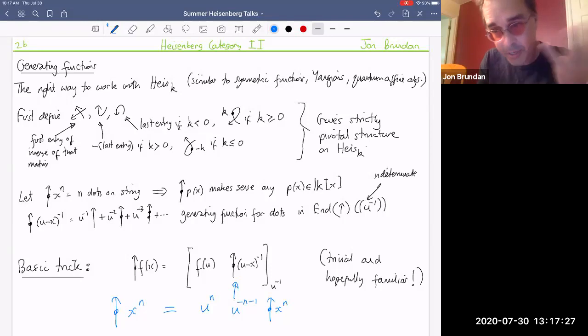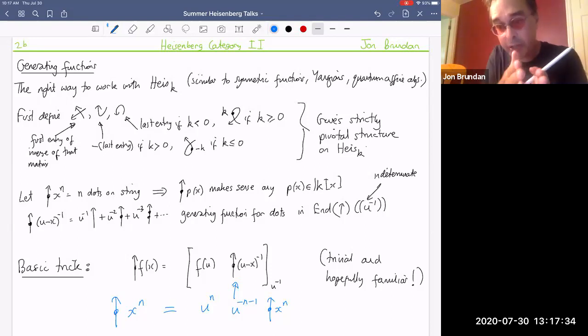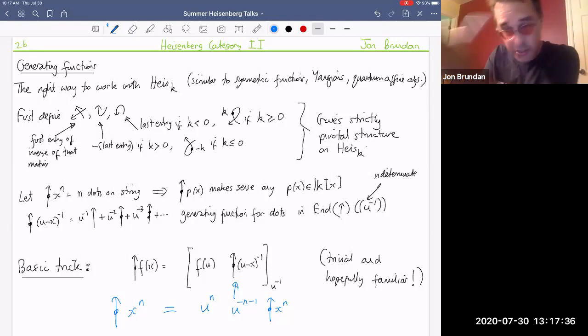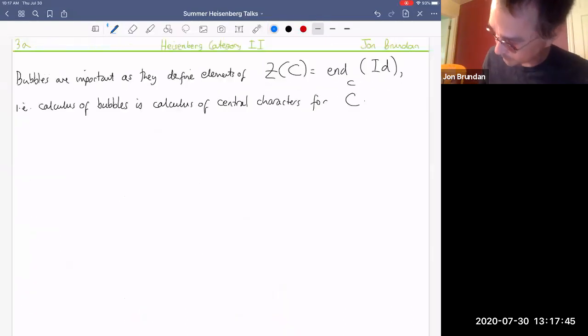So I'm going to manipulate formal power series a little bit in a minute, and I just want to make sure that when I use that basic trick to move a polynomial labeling dots from one strand to another, you realize that's all that's going on. It's that kind of trivial but very useful trick.